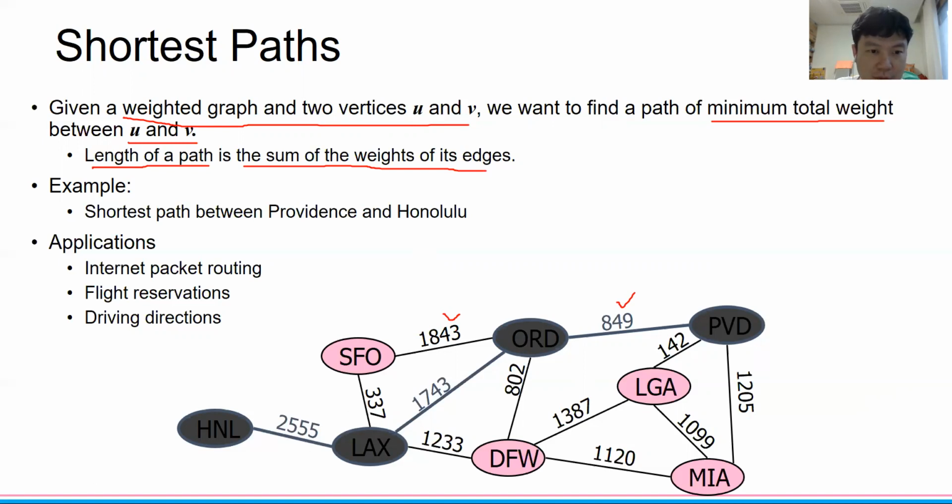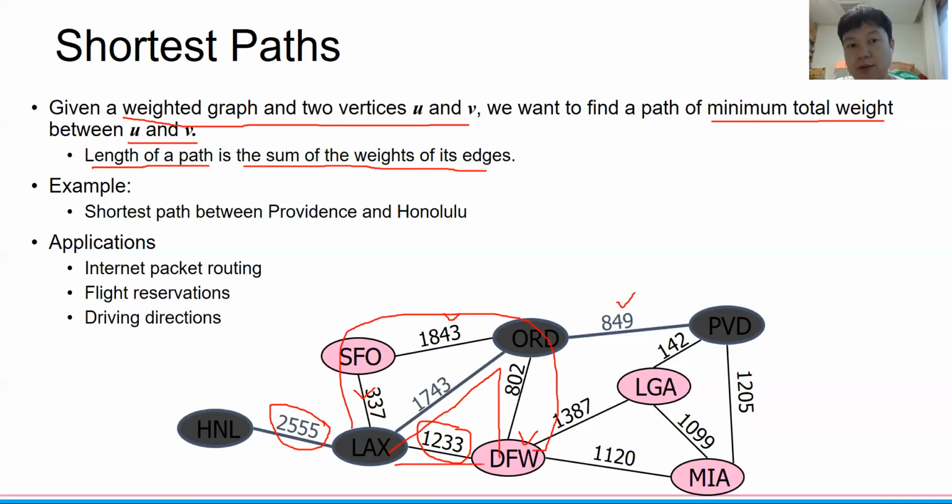For example, if I want to go from Honolulu to maybe Detroit, you can just calculate this number, 2555. There is no other option, but to Detroit, you can use this route, or you can use this route. So you can go here and then here, or you can go here and then here, and then you can go here.